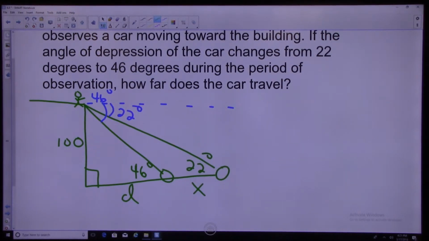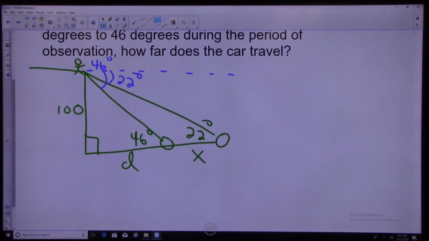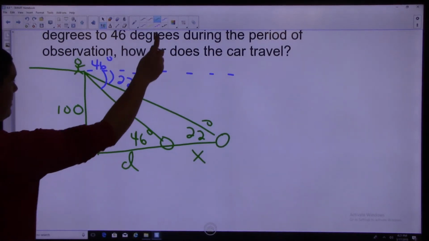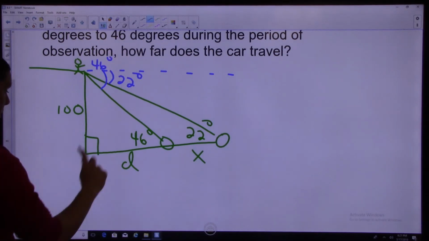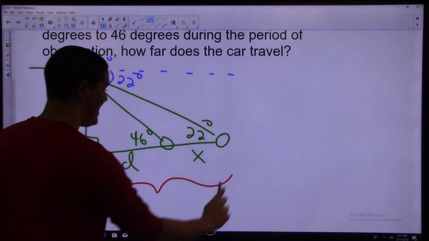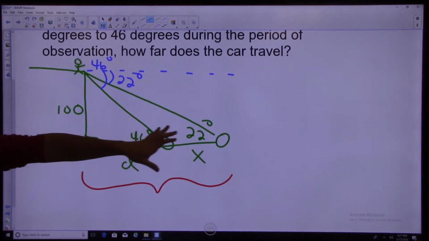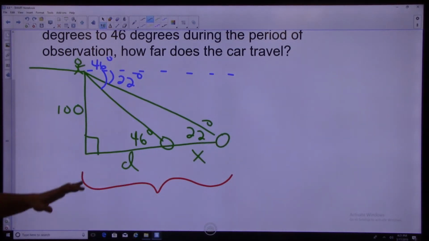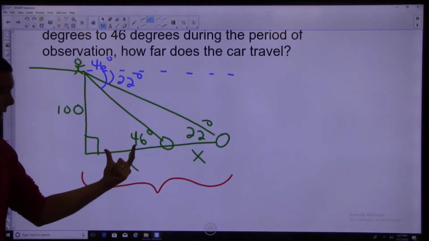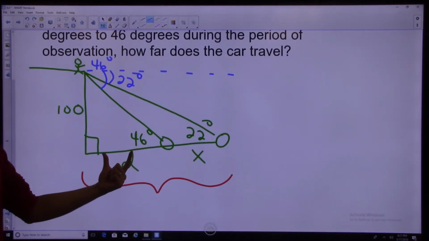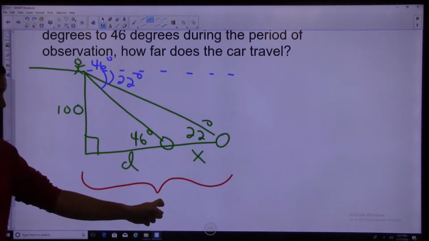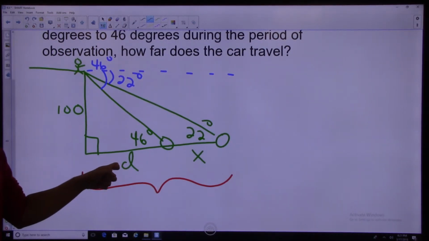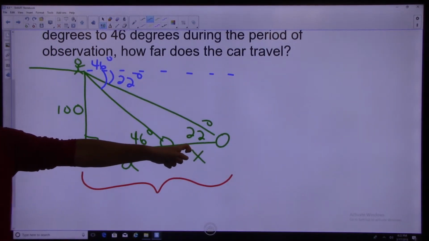So here's what I'm thinking, guys. Just bear with me here. If I can find this whole distance, so originally how far the car was away from the building, initially, and if I can find this d distance, then all I need to do is take the one here, the one in red, minus d, and that will give me x.